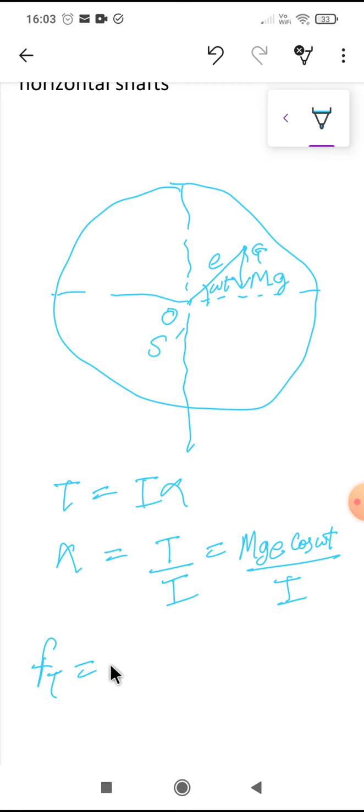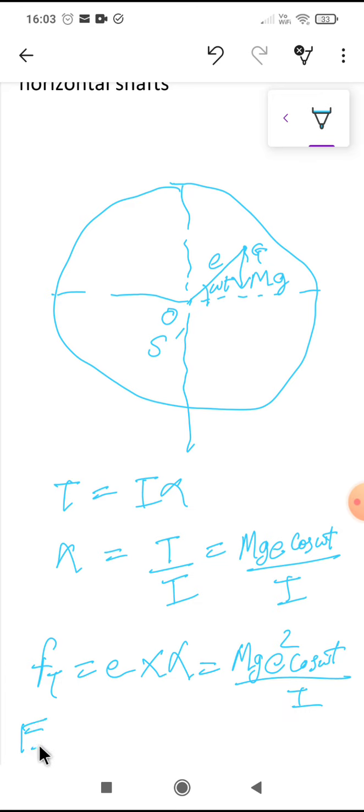Tangential acceleration will be e into angular acceleration alpha, so it will be mge squared cos omega t divided by I. And the tangential force Ft is equal to m into f of t, so it will be m squared g e squared cos omega t divided by I.